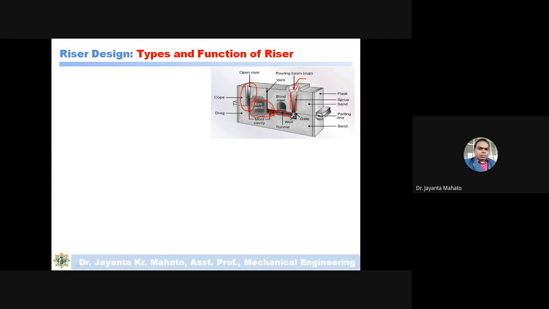And after this mold cavity, there is another part. This part is called a riser. This riser is used mainly to hold the excess material.